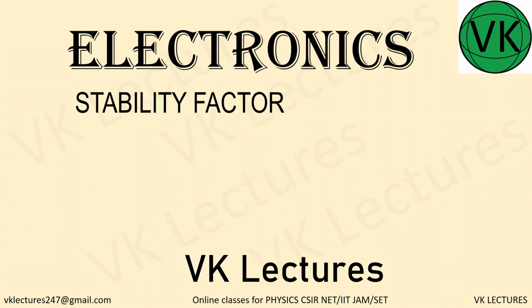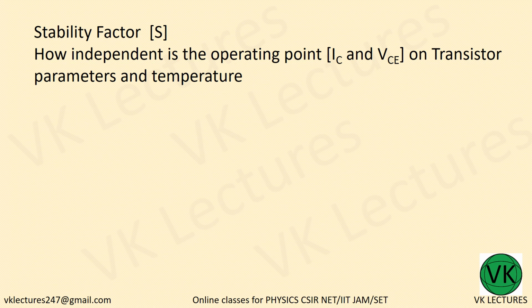In this lecture we are discussing the stability factor for a transistor. Stability factor S is defined as how independent our operating point is. What is the basic idea of all the biasing conditions?